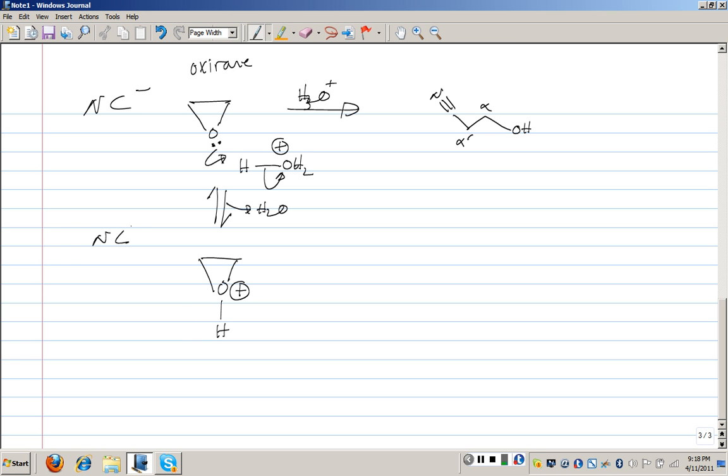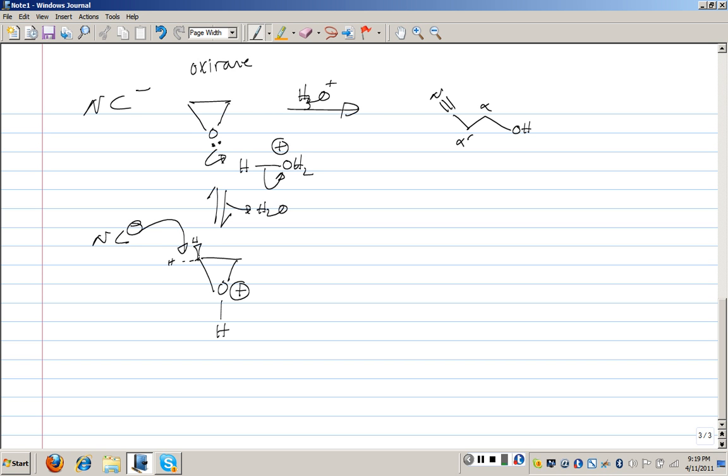The cyanide is a pretty good nucleophile. I can imagine that this carbon will be very delta positive because of its attachment to an O+. And so it's not unreasonable then that the cyanide as a nucleophile will attack this carbon, and this carbon already has an octet, right? The H's that I'm not showing here. So it's got 2, 4, 6, 8. It can't accommodate the extra electron pair from the cyanide. So it's going to give up 2 electrons.